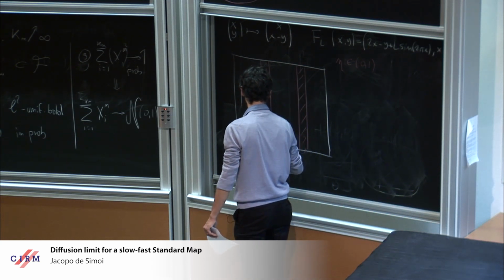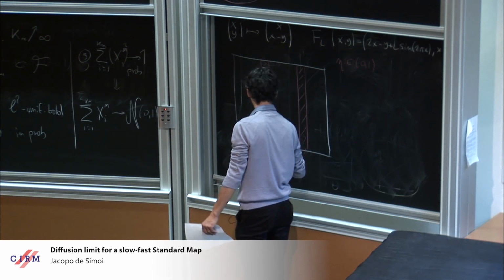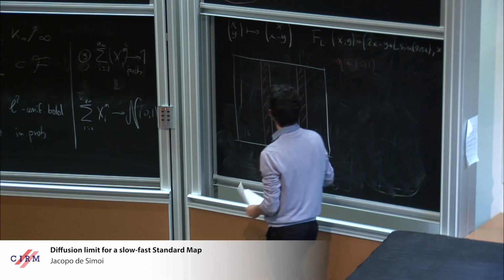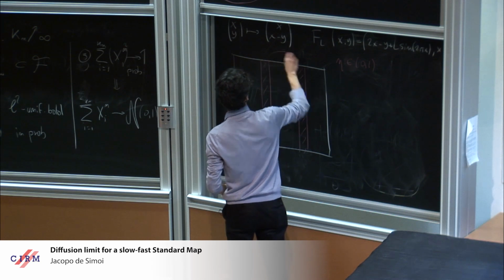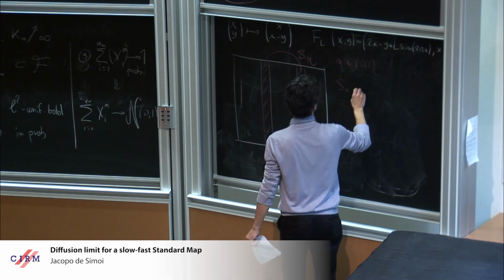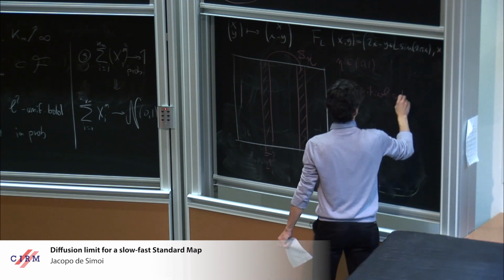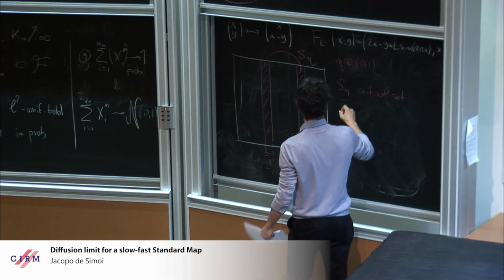So I will get some strips of length L to the eta minus 1 around the critical points of sine. Let me call this the critical set S_eta, the critical set of parameter eta.